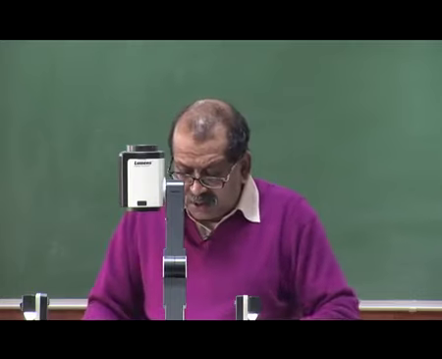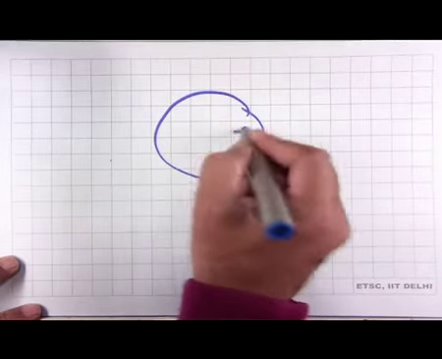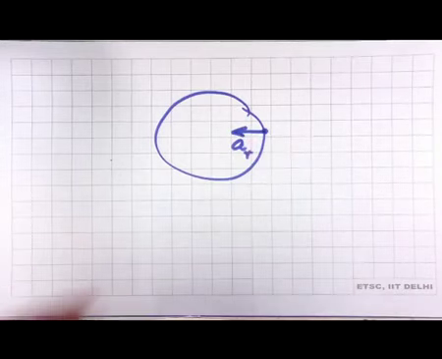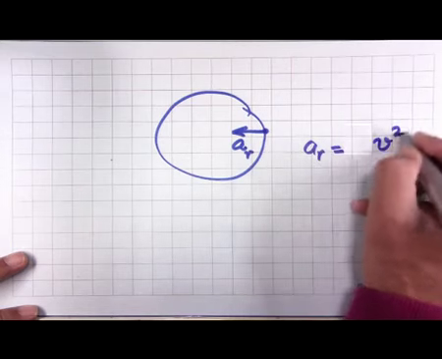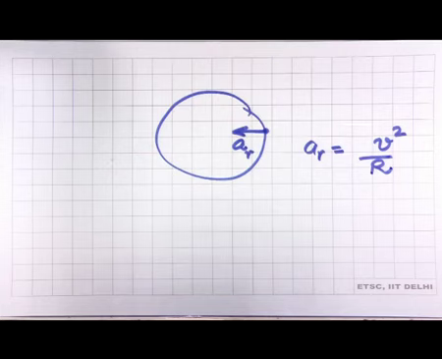So, for a body to move in a circular path, there will be a component of acceleration toward the center, and this radial component of acceleration is equal to v square upon r. So, even if the body is moving with a constant speed, the fact that it is on a curved path or a circular path gives it a radial component of acceleration equal to v square upon r.